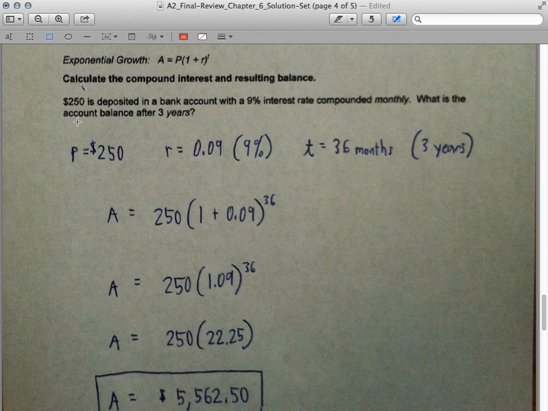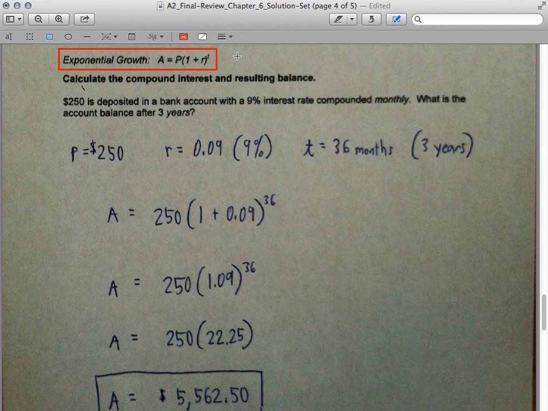So if we have an example such as this, we understand that the exponential growth model is one that states the final value, A, or the total, A, is equal to P, which stands for the principal amount or the initial amount, times 1 plus R, which is the interest rate, to the power of T, which stands for time.